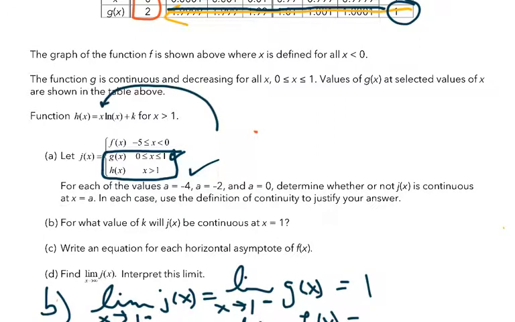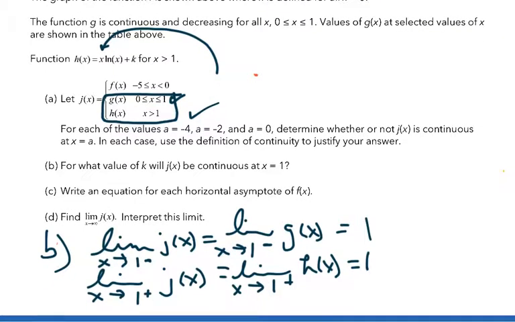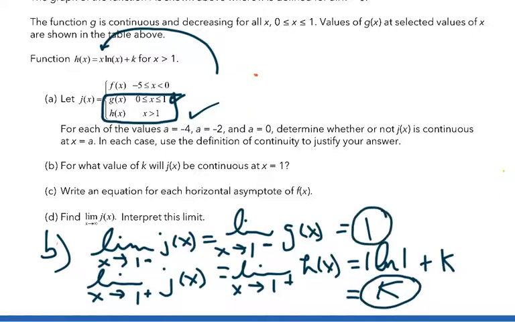We would have 1 ln 1 plus k. And what does that have to equal? Well, that's just going to equal k. And remember, that has to equal the limit as I come in from the left. So if the limit as I come in from the right is k, and as I come in from the left is 1, we'd say, therefore, k must equal 1. So part B is done.